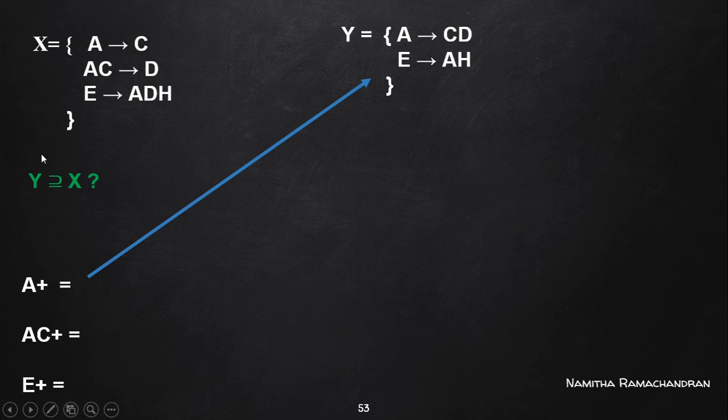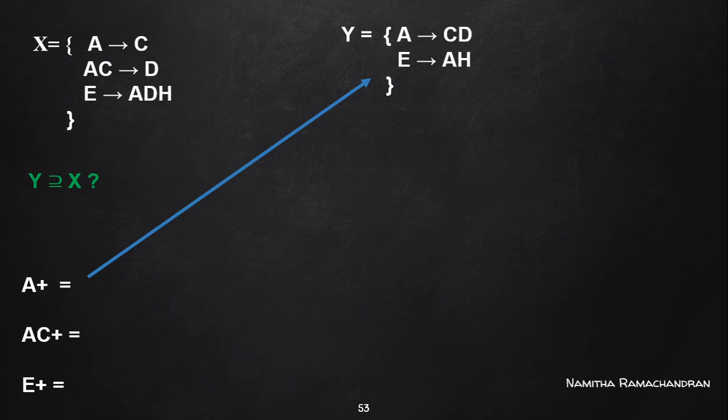The superset part contains Y. So we want to find the closure of the LHS of our subset. The LHS of our X contains A, AC and E. So we want to find the closures A closure, AC closure, E closure with respect to the dependencies listed in our superset. Keep this one point in your mind, then this equivalency check becomes very simple for you.